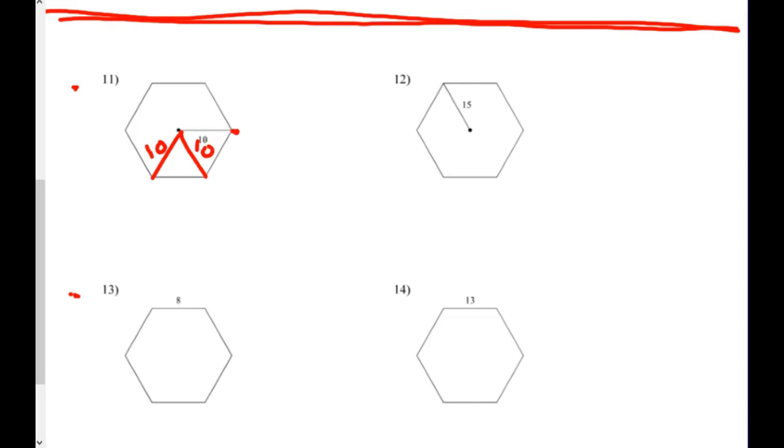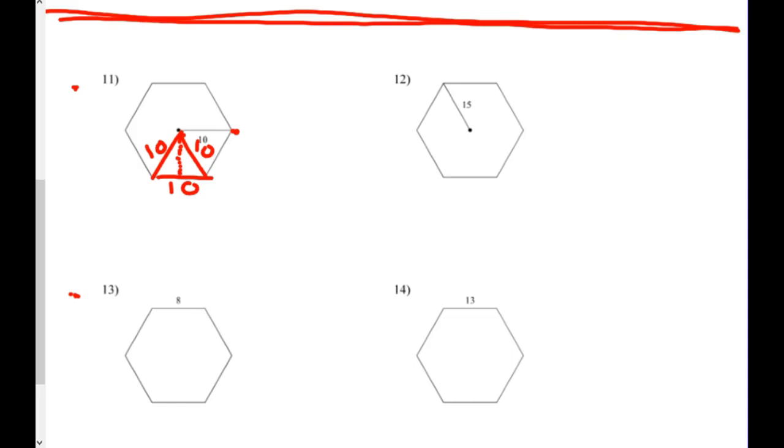Now this is what we call an equilateral triangle. So guess what the side length is also going to be? 10, okay? So I have an equilateral triangle of 10, 10, 10. But I need to know what is the apothem.